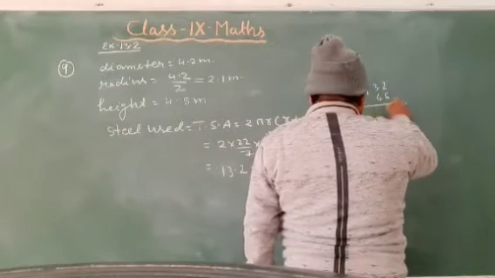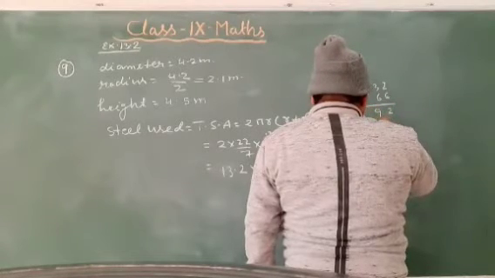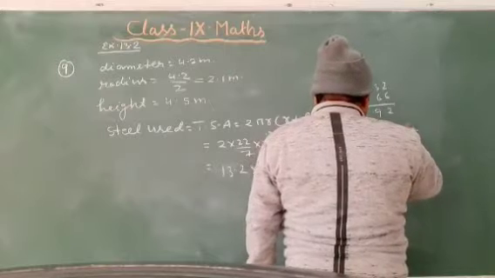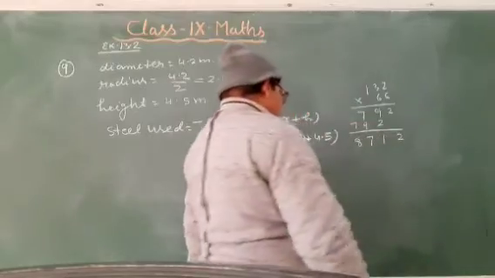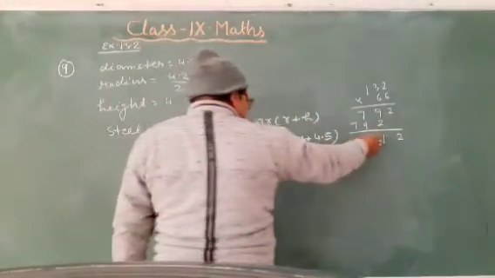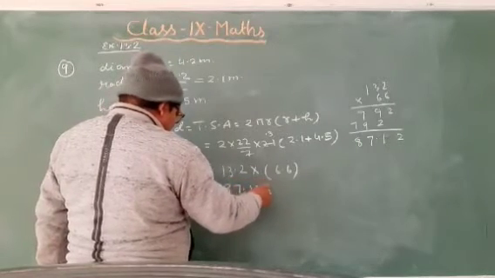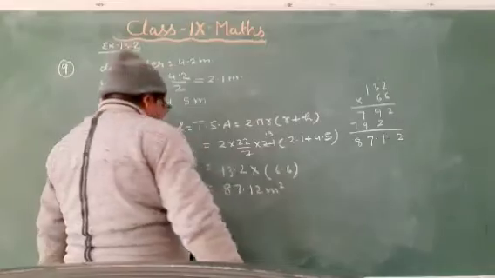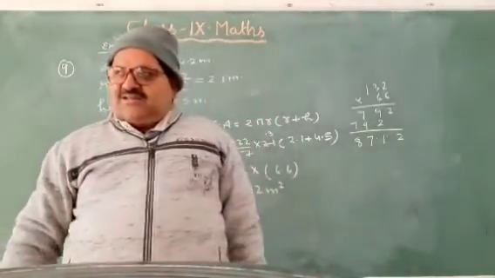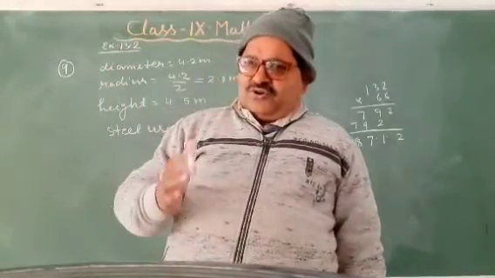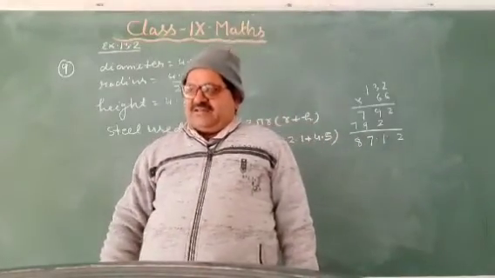We get 87.12 meter square. 87.12 meter square is the total surface area of a storage tank.